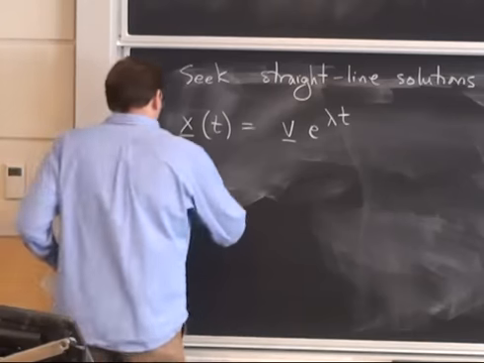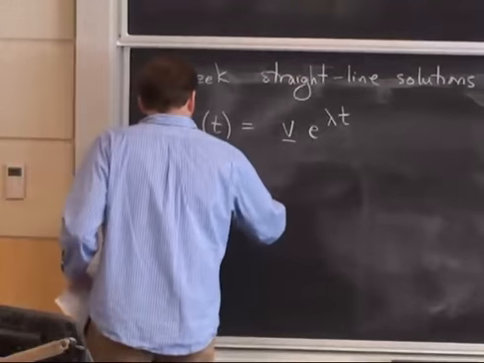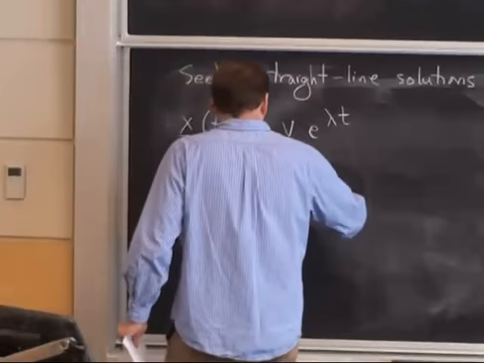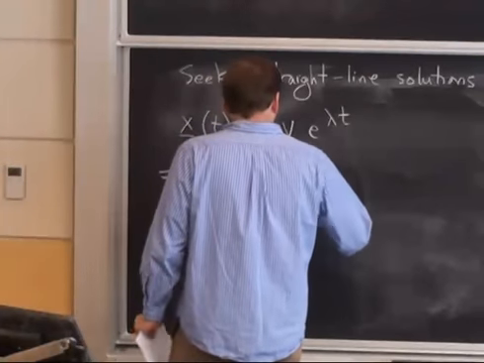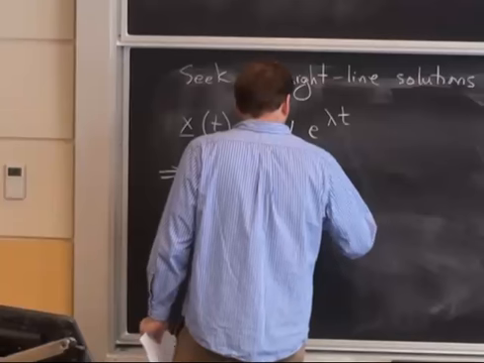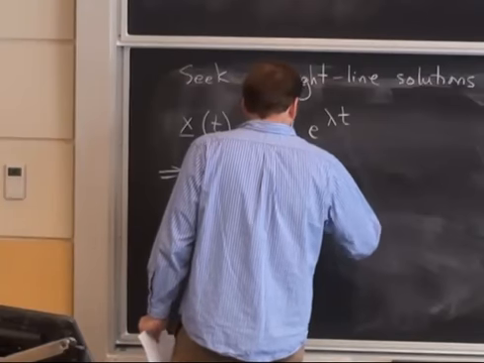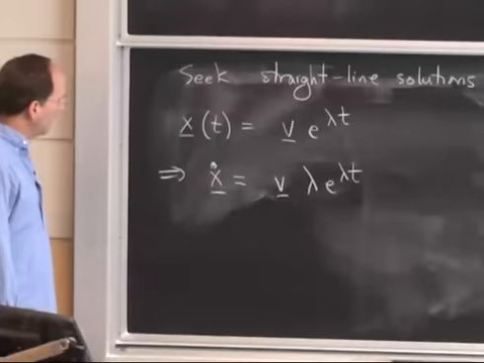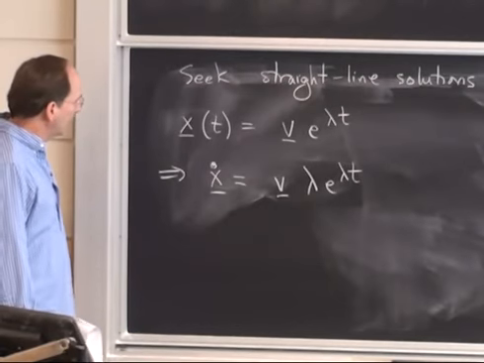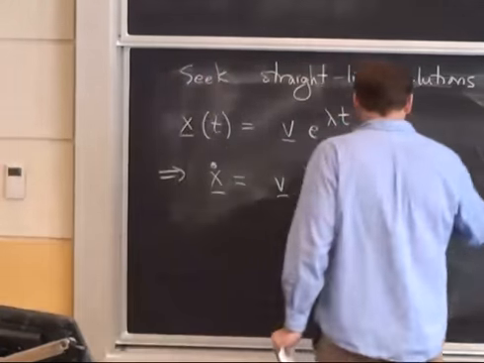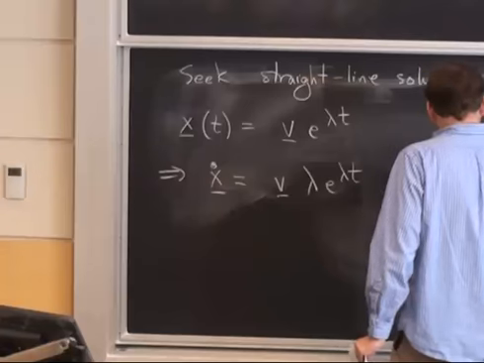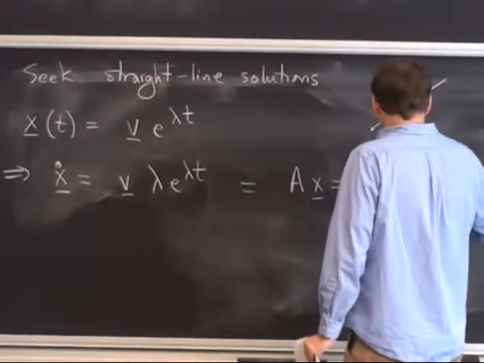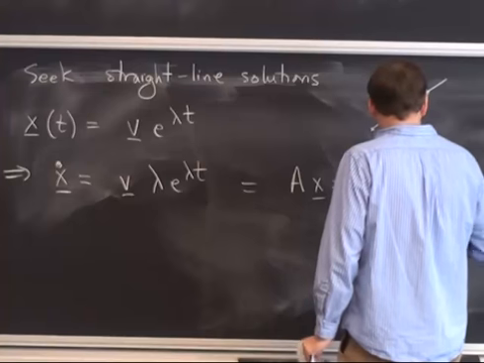And then x dot, for this class of solutions, if they exist at all, v is a constant, so it just stays there. Then by the chain rule, you'd get e to the lambda t times lambda. And on the other hand, Ax, which this is supposed to be equal to, is just A v e to the lambda t.